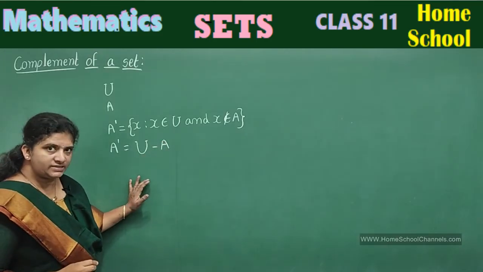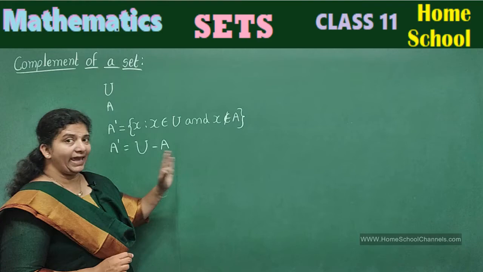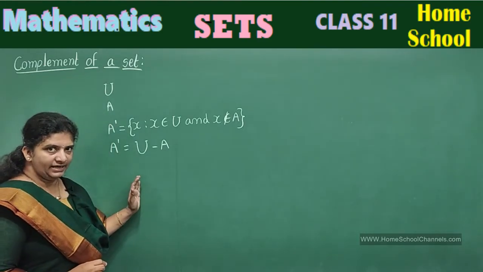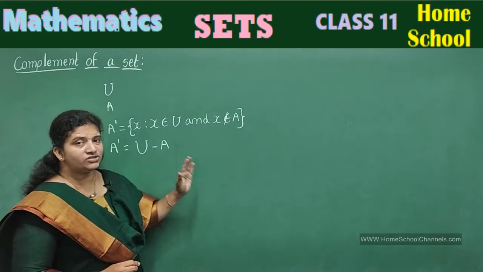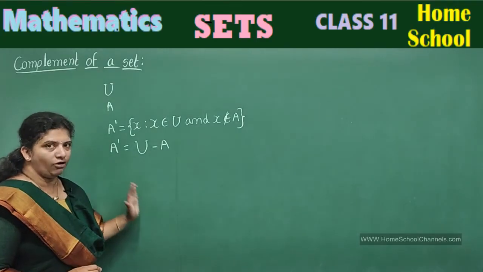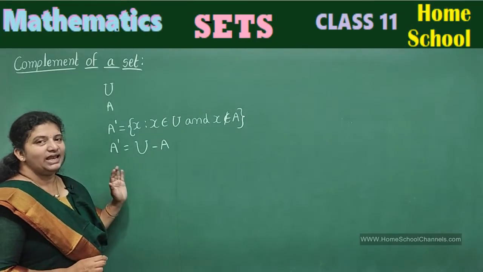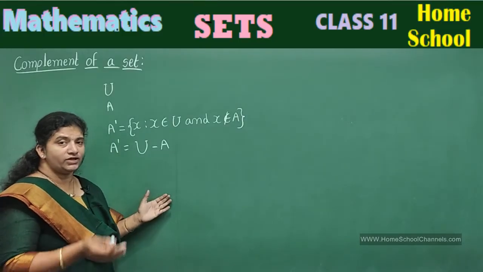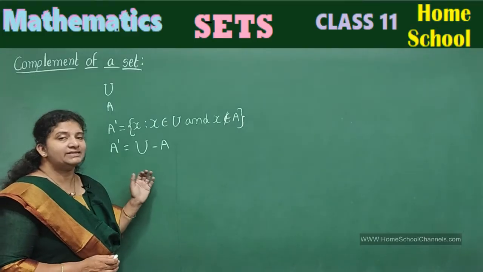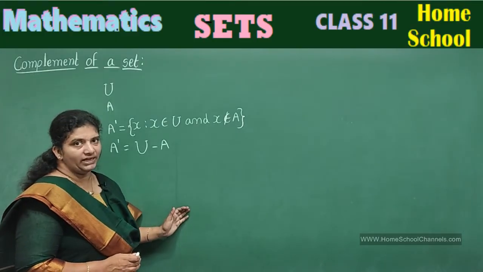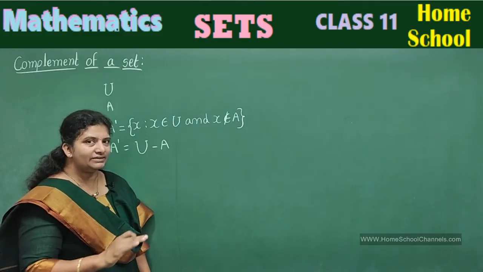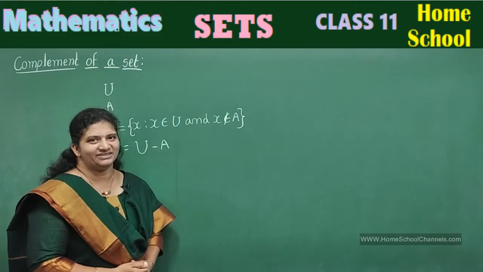In universal set, remove A elements. In universal set, other than the elements of A, we need to write in A complement. Let U be the universal set and A be any subset of the universal set. Then its complement is all the elements of universal set other than the A set elements.